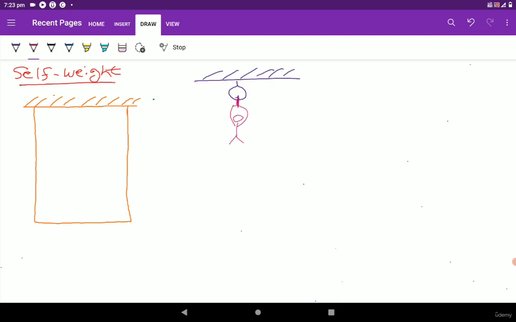Due to the gravity, the hook will be subjected to some stress due to the weight of the man.